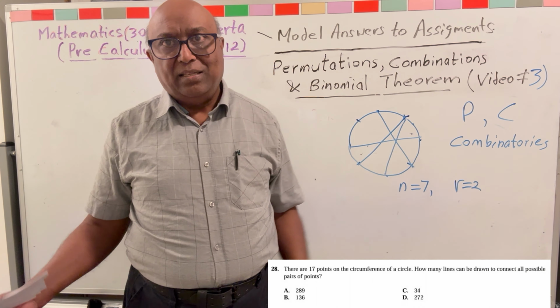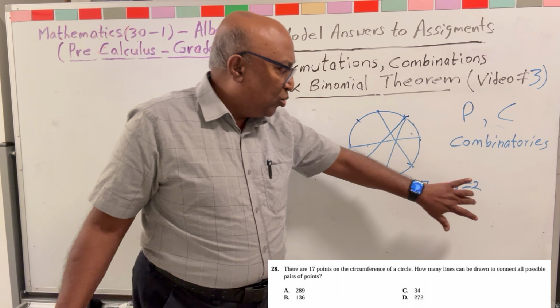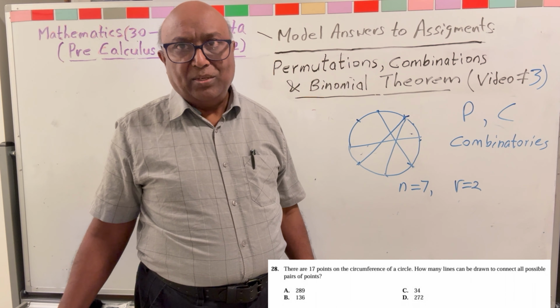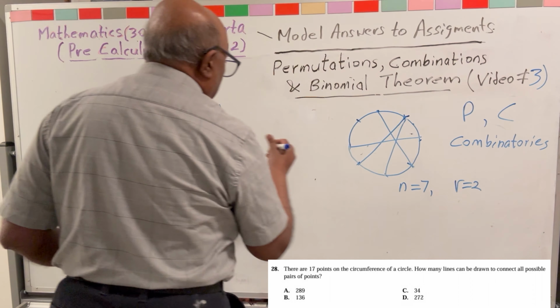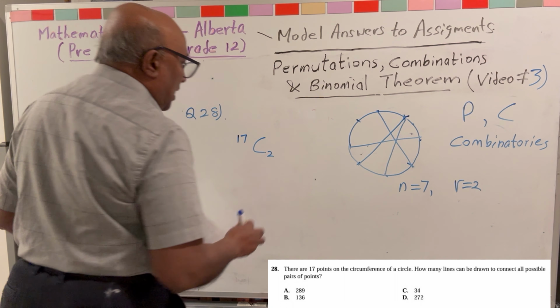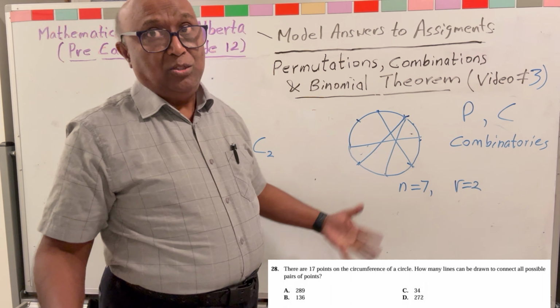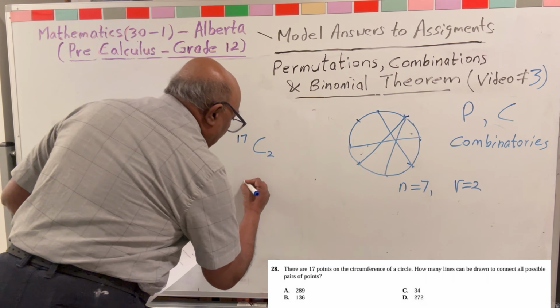The concept is that out of 17, we select 2 items. We don't have to align, that doesn't apply here. That means this is a combination question. The answer is 17C2. Out of 17, we are selecting 2 points and joining. Now let's simplify this.